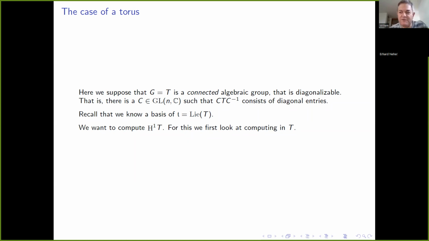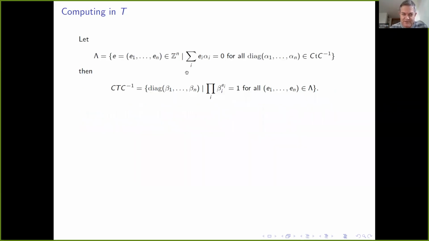It works well because tori are intimately connected to lattices in Z to the n, and there are many algorithms for computing with them, though easy is maybe another thing.